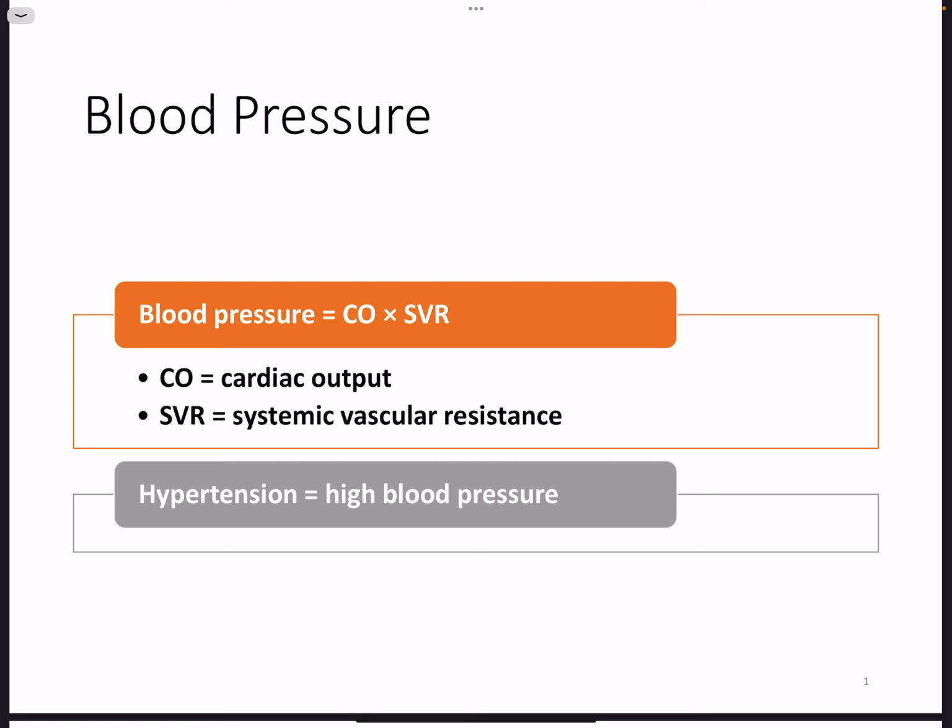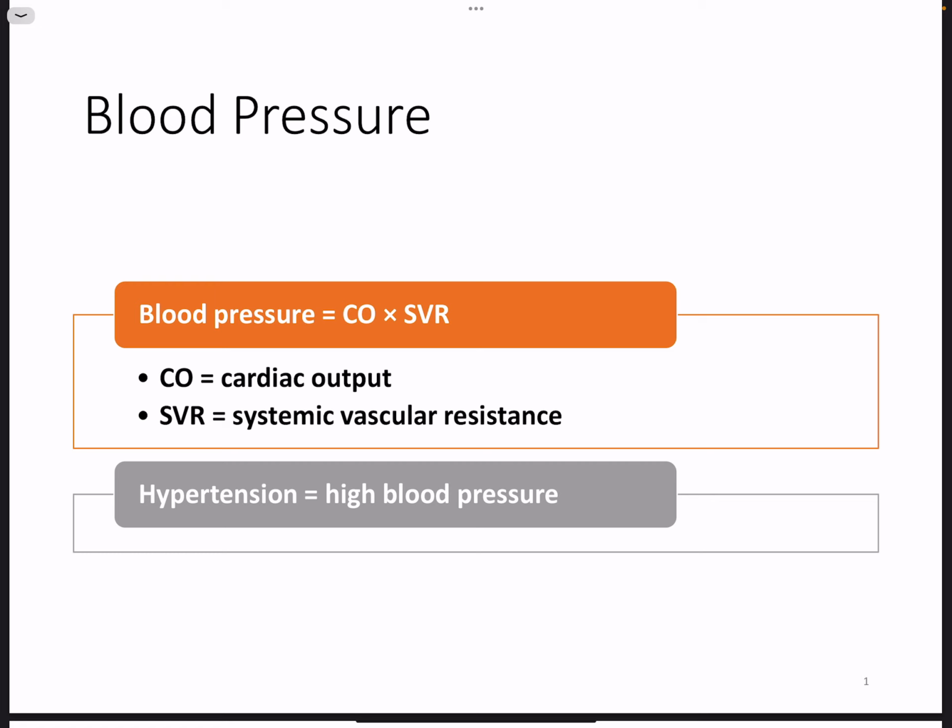For example, you have a patient where the blood pressure is 140 over 90 mmHg. This is hypertension. I think you also know stage 1, stage 2, stage 3 like this. This is hypertension, but this hypertension may be managed with lifestyle modifications.